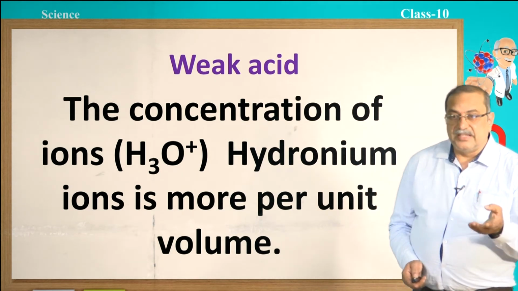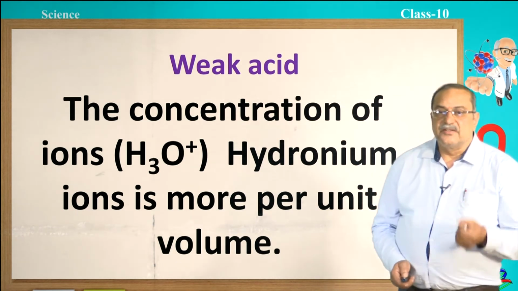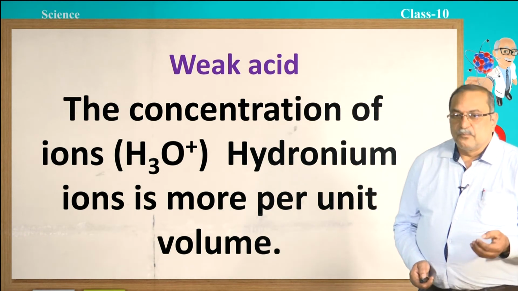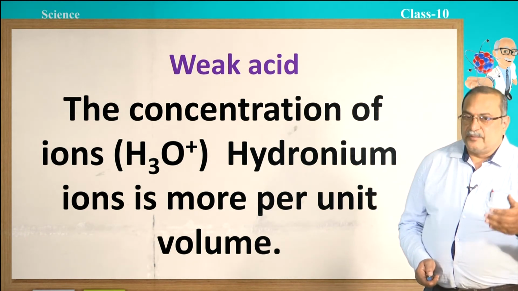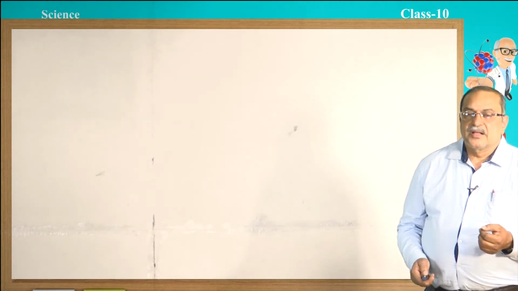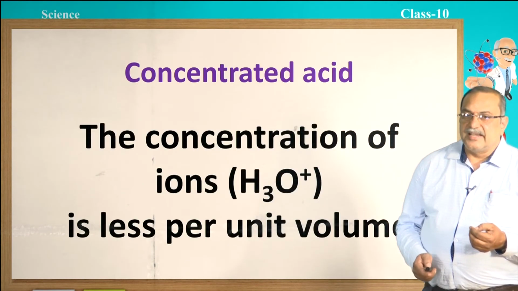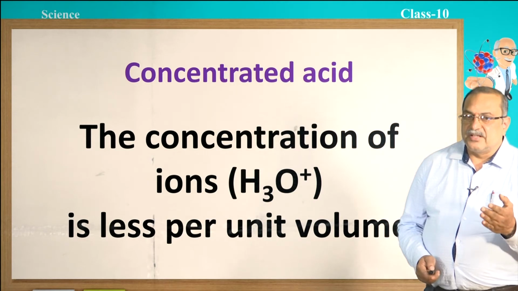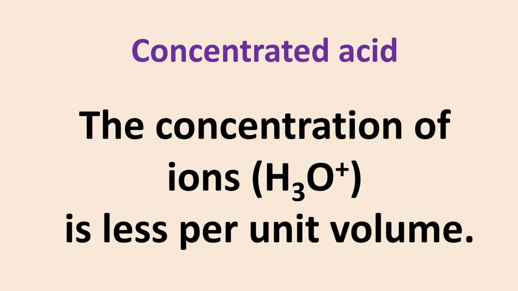In acids also weak and strong acids are there, no? So, this is a weak acid. Why? Hydronium ion is more per unit volume. Okay. So, when you come to the concentrated acid, the concentration of ions H3O plus is going to be less per unit volume. So, then we can say it is a concentrated acid. Okay.